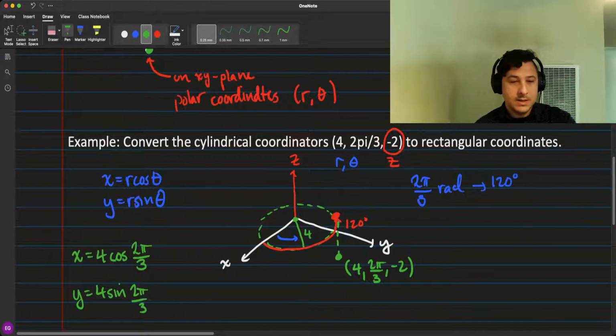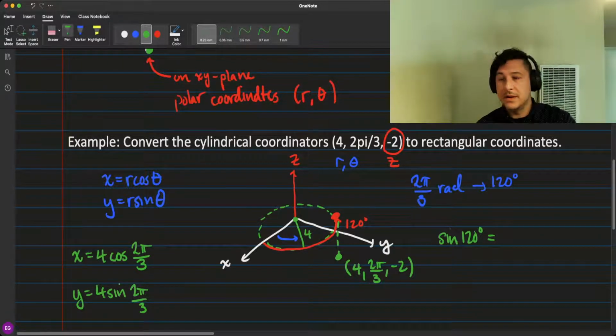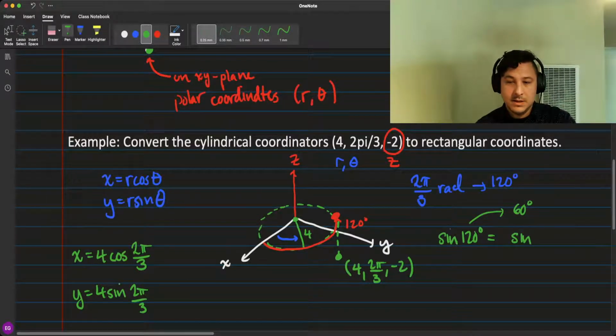Okay, so let's work on this. So we're dealing with the sine of 120 degrees. Okay, what's the reference angle of 120 degrees? It's 60 degrees, right? So the sine of 120 is basically the sine of 60.